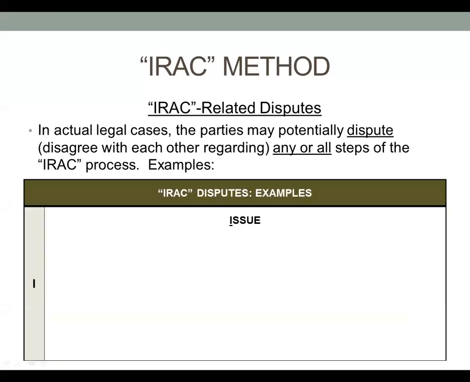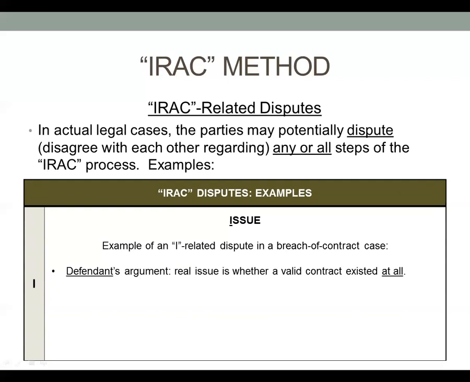So let's start with I. It is possible for the parties to disagree on what the real issue is in a case. In other words, what the real legal issue or question is. So here's an example of a dispute relating to the issue in a breach of contract case. A breach of contract case is simply a case in which the parties had an agreement, or at least one party claims they had an agreement, and the other party failed to comply with it.